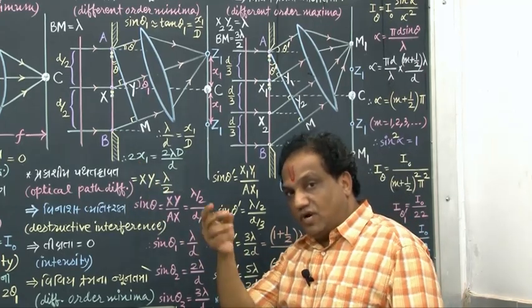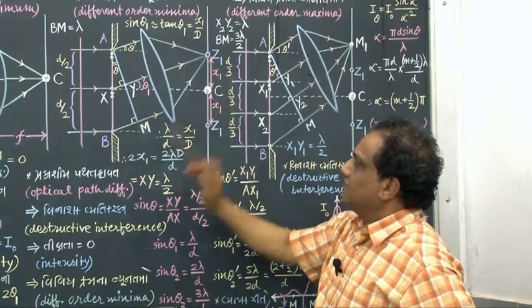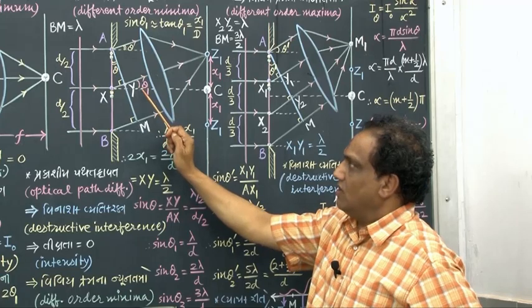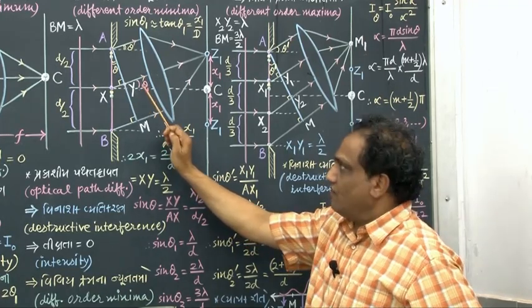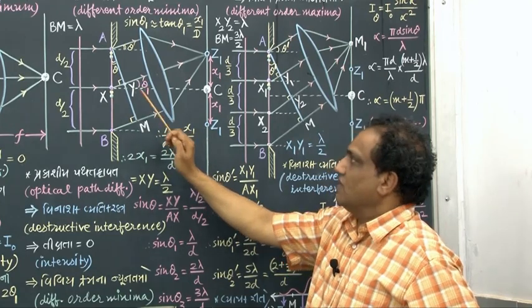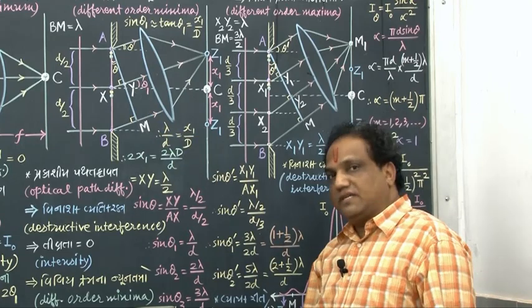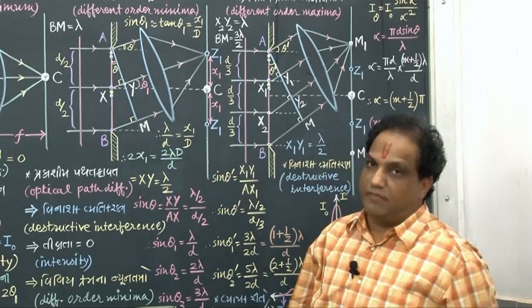But let us find out now angular width. The way you have joined this with this, you can join this with this, correct? The way you got this theta 1 on upper side, same way you can get it on the lower side also. So if you take theta 1 plus theta 1, you will get angle between these two light rays. And that angle is called angular width of central maximum.